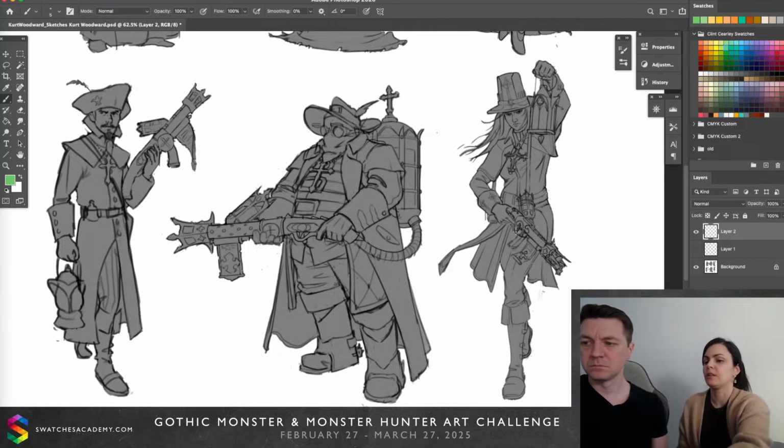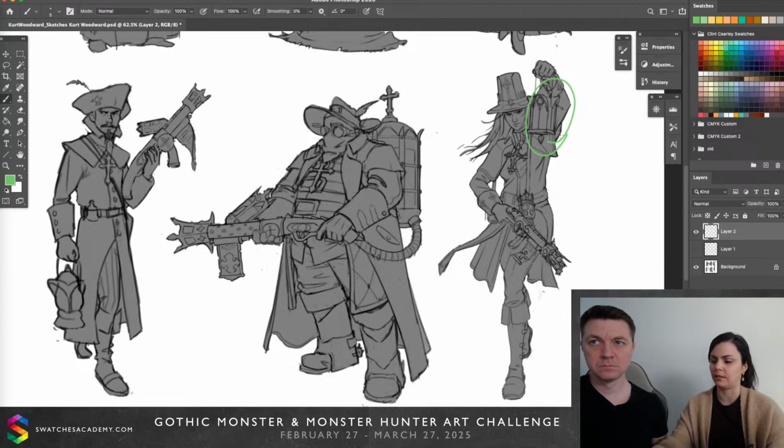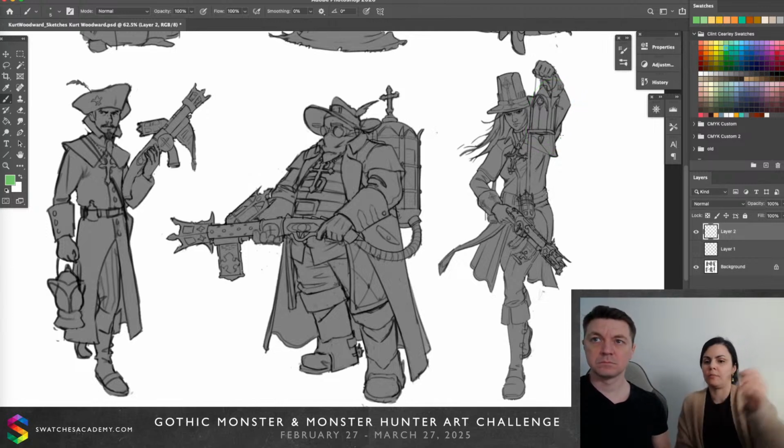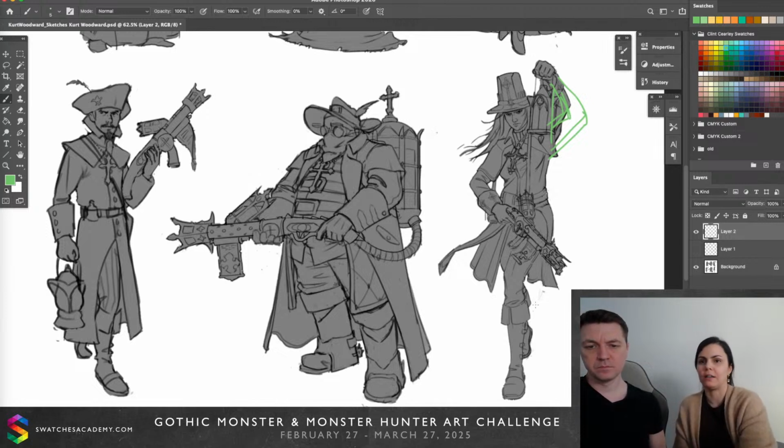If this one is your favorite, the girl, I would just change the pose so we could see the other leg, and also be careful of, again, concealing the arm behind this lantern. We just want to see more negative space in here, just to get a clear read of what the body is doing.